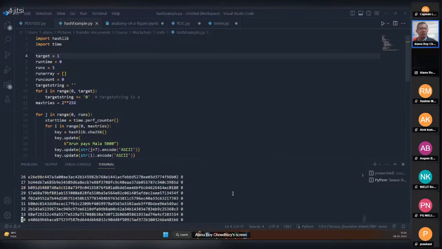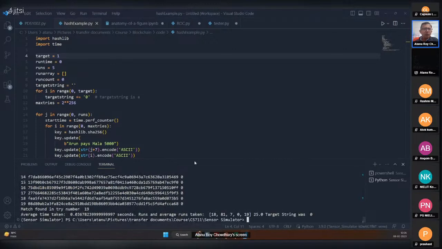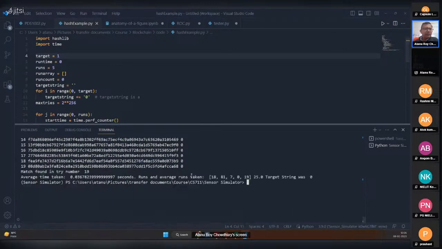Okay, it started to compute those values, and it said that I found my match in try number 19. So I found a hash value which started off with 10, because that was the pattern I was looking to match, and I ran this about 5 times.